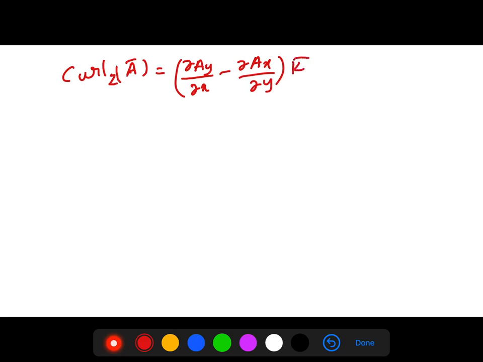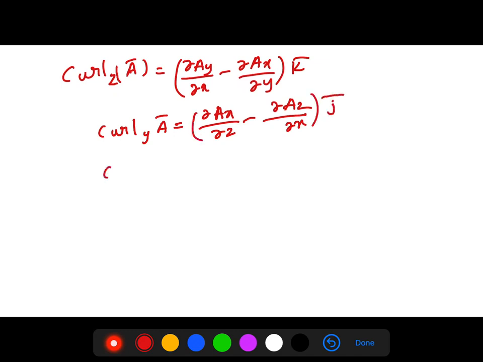So this is a k bar. Similarly, we have the components of curl A bar along the y and x axis.